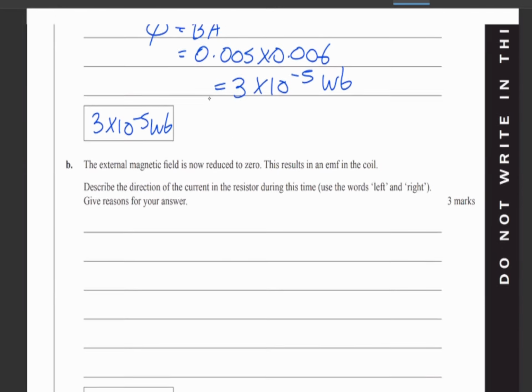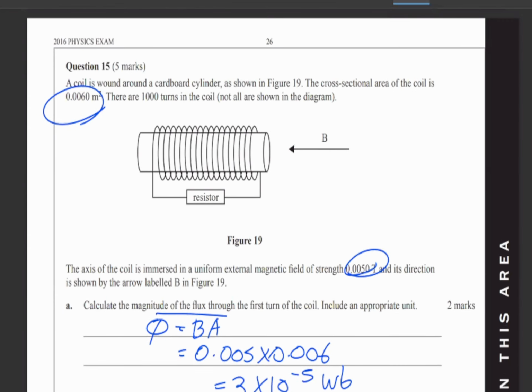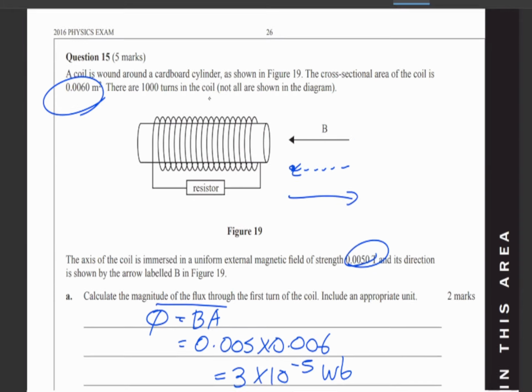So it's going this way, and it's going to be 0. So the change is from here to here, and we want to oppose that change.